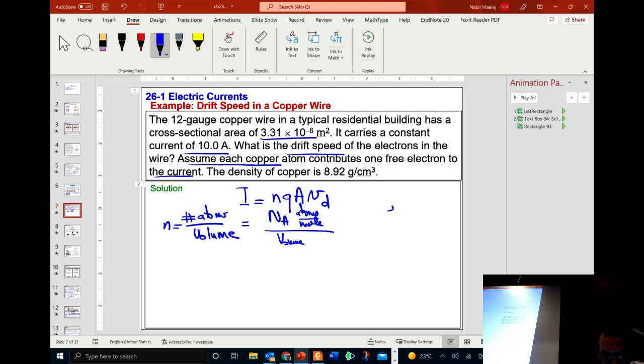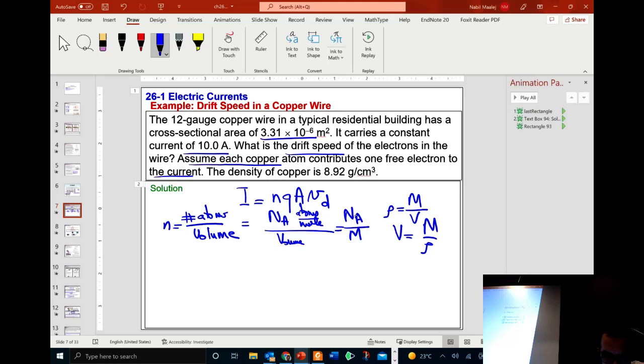We know the density of the material is given by the molar mass divided by the volume of 1 mole. So the volume V is going to be the molar mass divided by the density. So that's what I'm going to replace here. This is going to be equal to Avogadro's number divided by the molar mass divided by the density, rho.